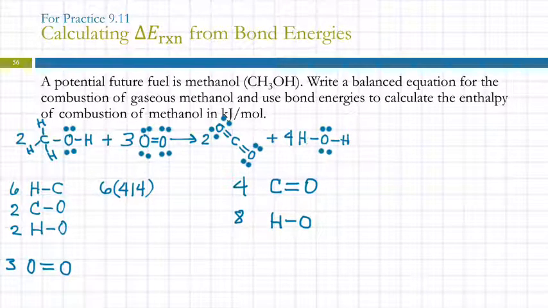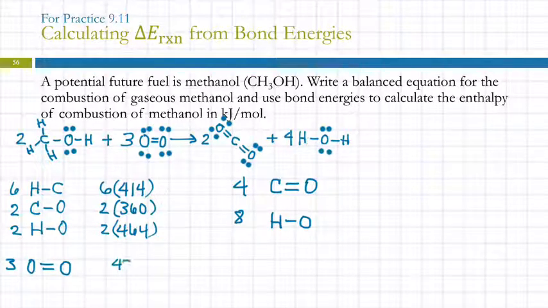Carbon-oxygen bonds, 360 for 1 mole, but I'm breaking 2 moles, so I have to multiply it. Hydrogen-oxygen bonds, 464, I'm breaking 2 moles of those. And the oxygen-oxygen double bond, 498, and I've got 3 moles of those.